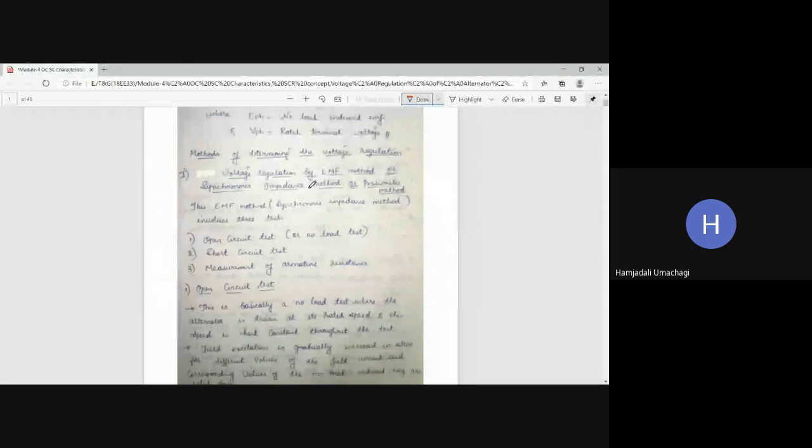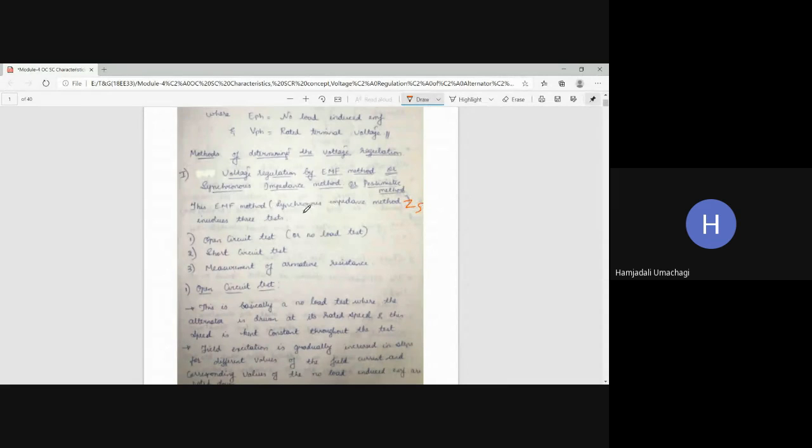Or otherwise, we may say conduct pessimistic method of voltage regulation to determine performance of an alternator. So whether it is pessimistic method or synchronous impedance, indicated as ZS, you should understand it is the EMF method. Is it clear?